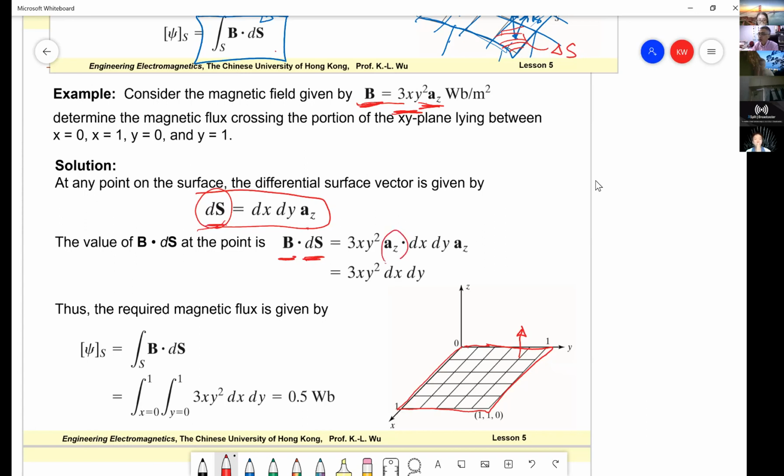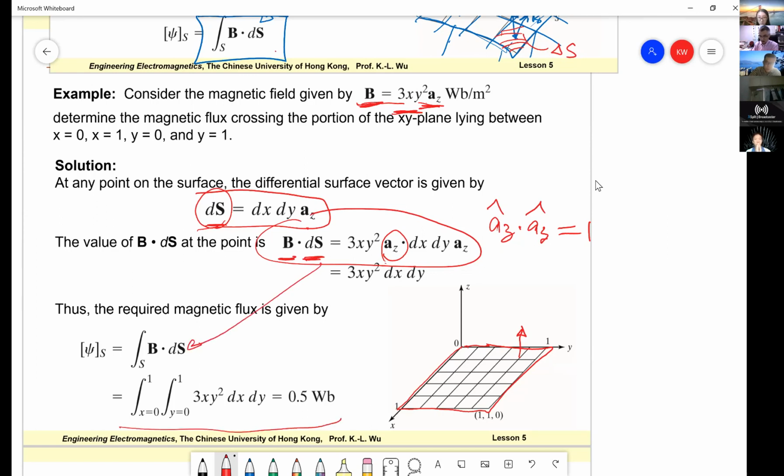So this two unit vector dot product equals 1. Then we substitute this into this, and it becomes an ordinary two-dimensional integration. Then we can find the flux.